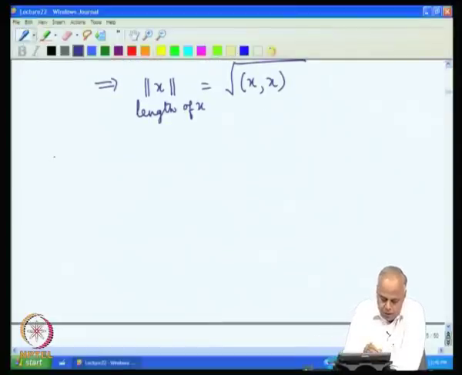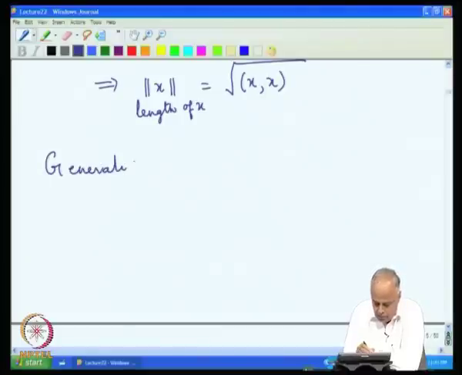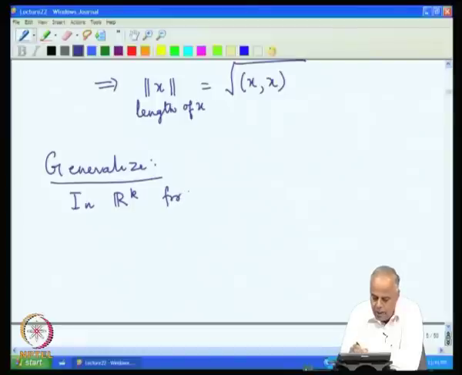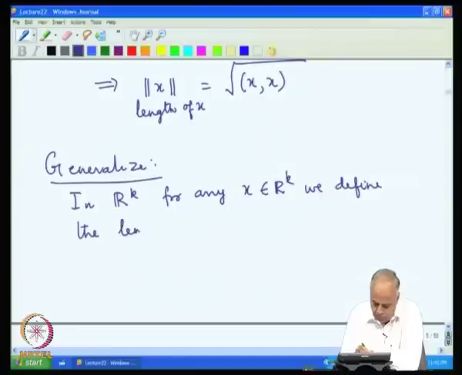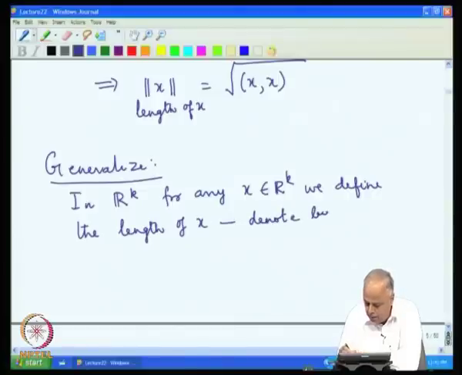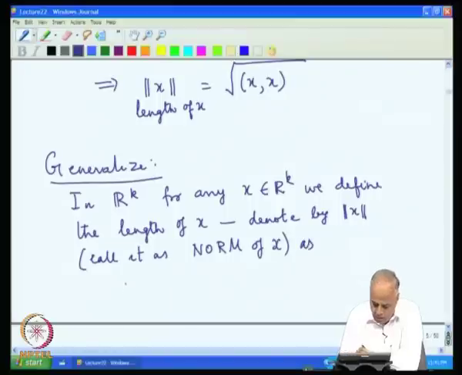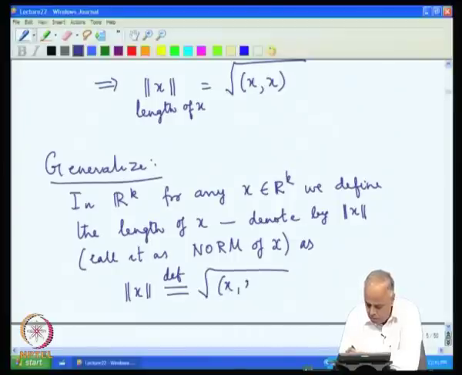Therefore, generalizing in R k, for any x belonging to R k, we define the length of x, which we denote by this symbol, and from now on call it the norm of x, as the norm of x by definition is the square root of the inner product of x with x.